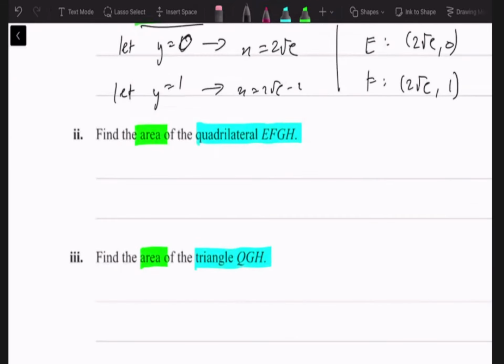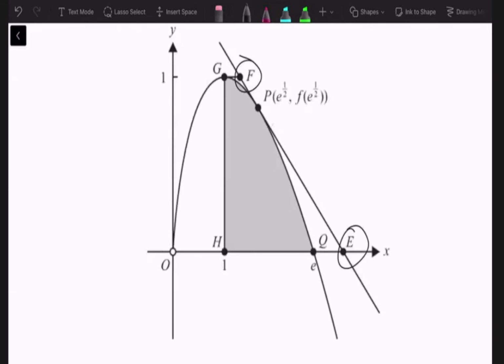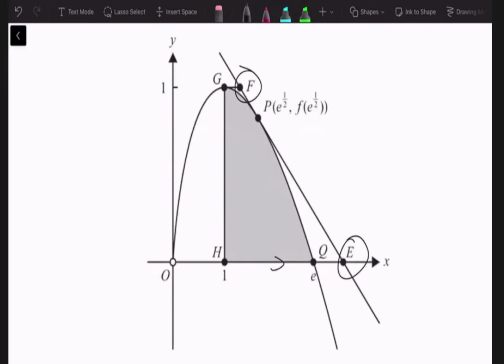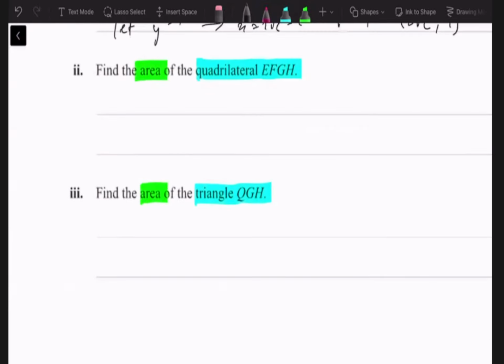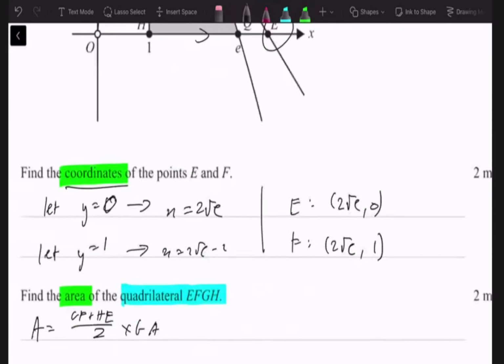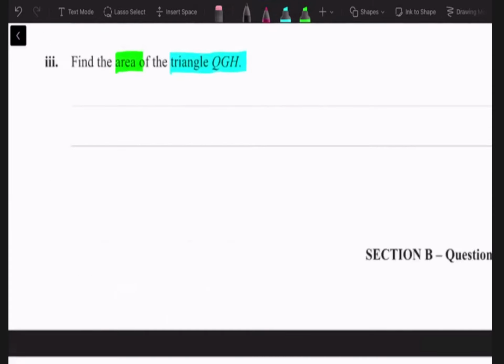Let's find the area of the quadrilateral EFGH. So we know EH and GF are straight lines, so we have a trapezium here. So you can use the area for a trapezium: GF plus HE divided by 2 times GH. And then just visually look at what the points are.